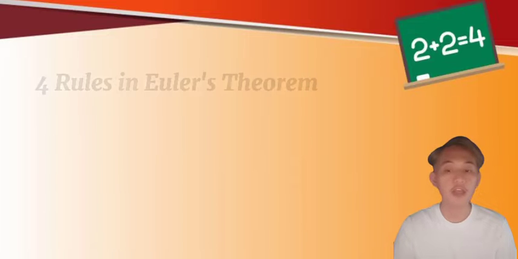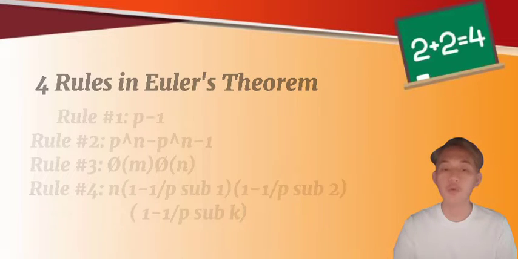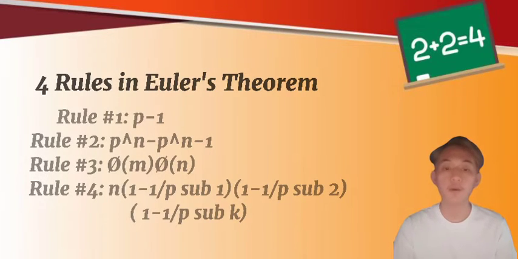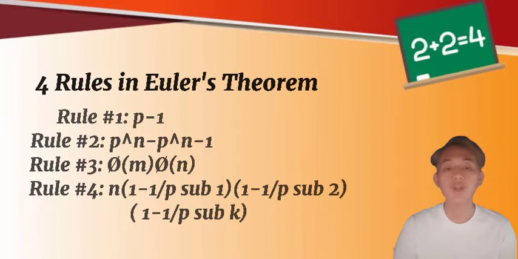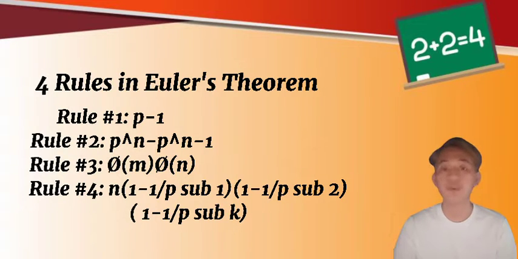Before we proceed to the examples, I just want to say first that Euler's theorem has 4 rules. Rule number 1: p minus 1, where p is a prime. Rule number 2: p to the n power minus p to the n minus 1 power, where p to the n is a prime power. Rule number 3: φ(m) multiplied by φ(n), and that's rule number 3.